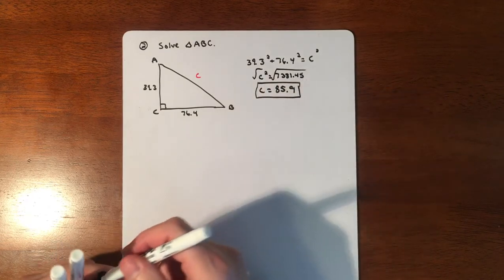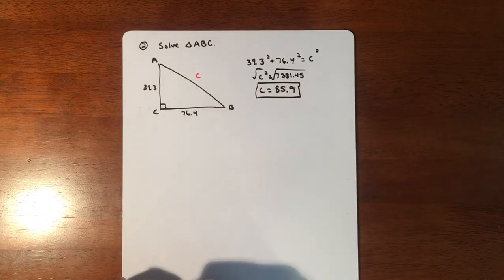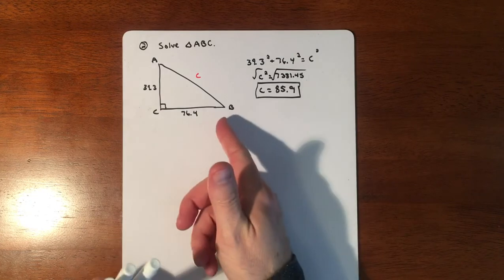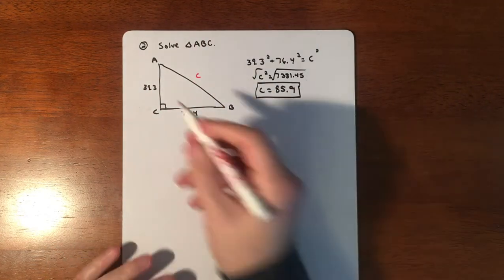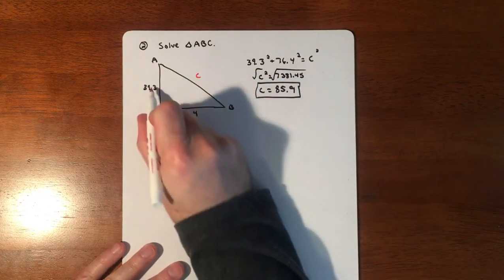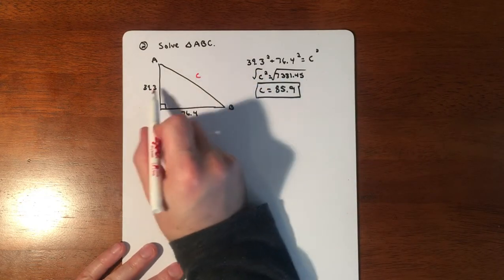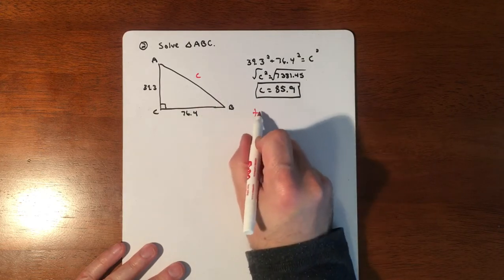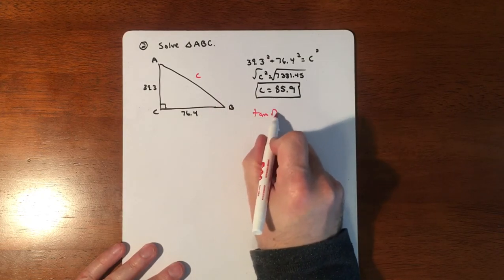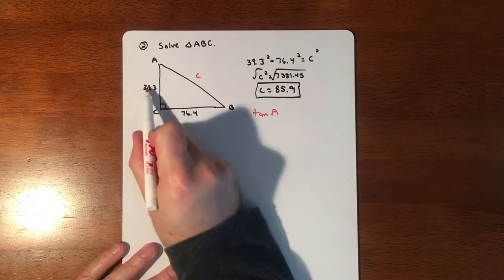All right, so then we're going to figure out our angles. Let's say we want to do angle A. It does not matter. If we do angle A, again, I'm going to try to avoid using C. So I'm going to set this up using these two. That's going to be tangent of A because it's opposite and adjacent.